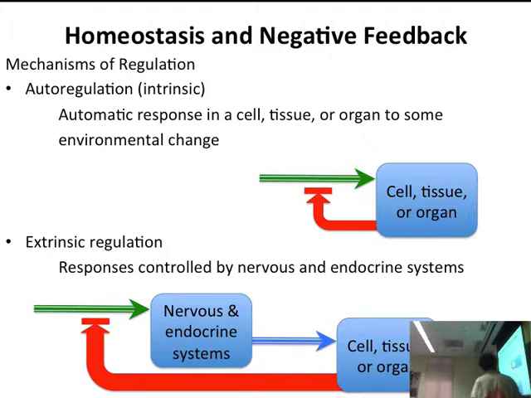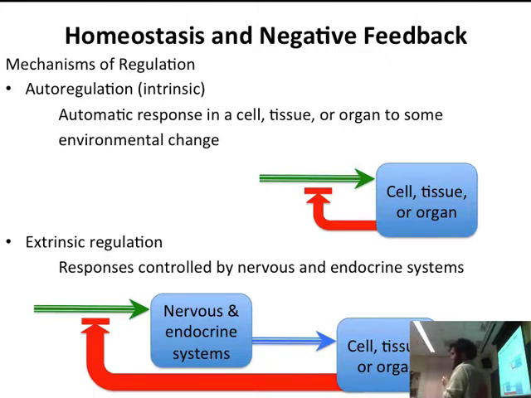There is auto-regulation, or intrinsic. There are certain cells or tissues that have this whole mechanism built right into them. The integration center is not far away in the brain. It's right in that tissue.